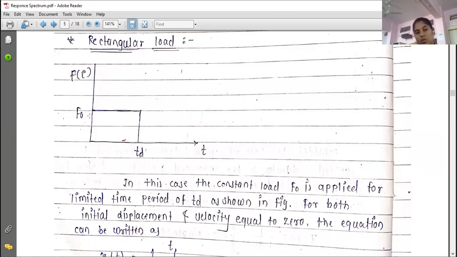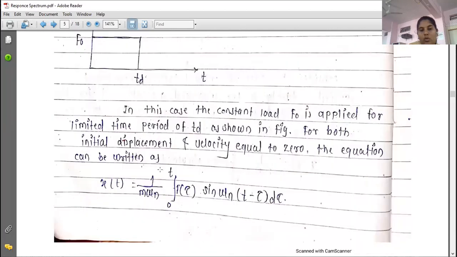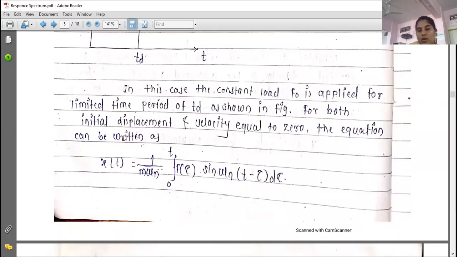At time t equal to 0, f is also 0, but at time t_d, f will become f_d. Now in this case, the constant load f naught is applied for the limited time period t_d as shown in the figure, and for both initial displacement and velocity, both are 0.